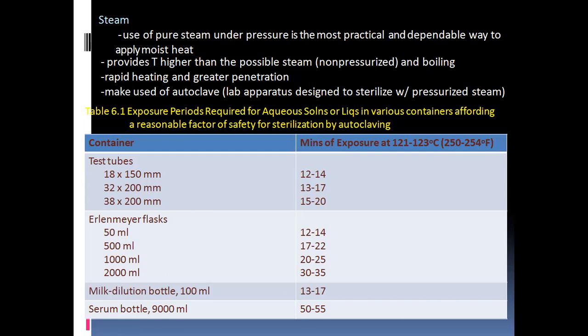In this case, minutes of exposure at 121 degrees C to 123 degrees C. This is what we are talking about in the autoclave. So the exposure time is 12 to 14 minutes, 13 to 17 minutes, and 15 to 20 minutes.